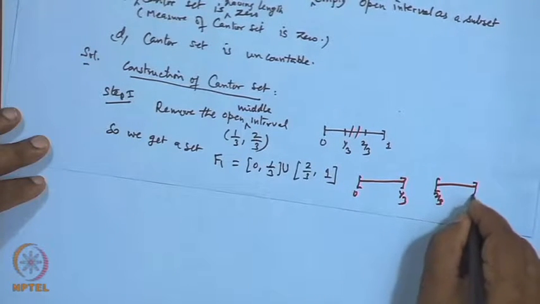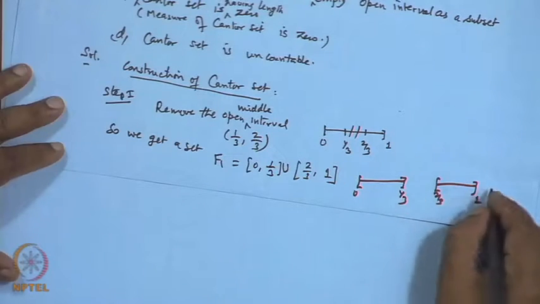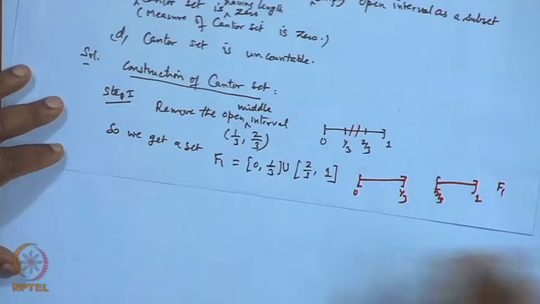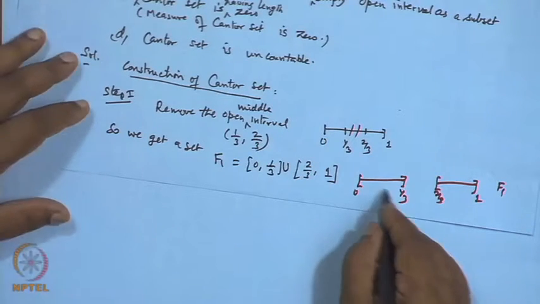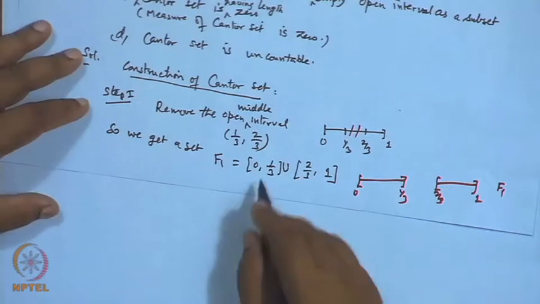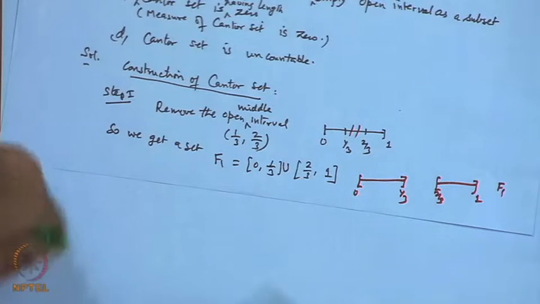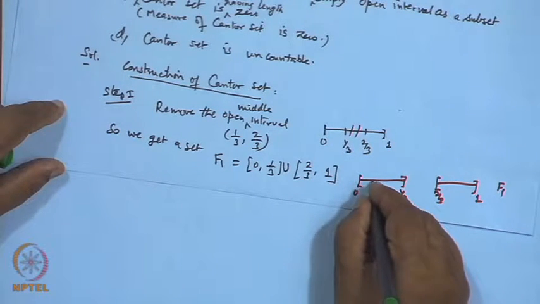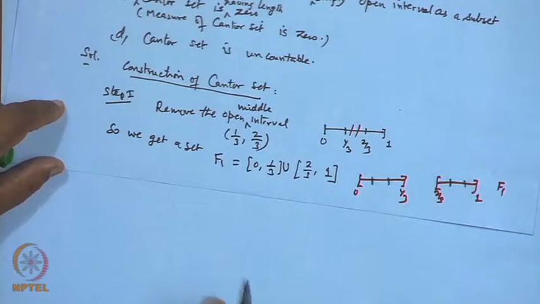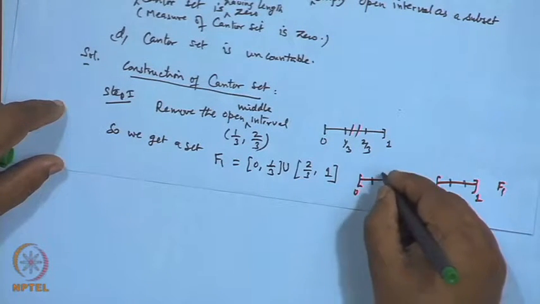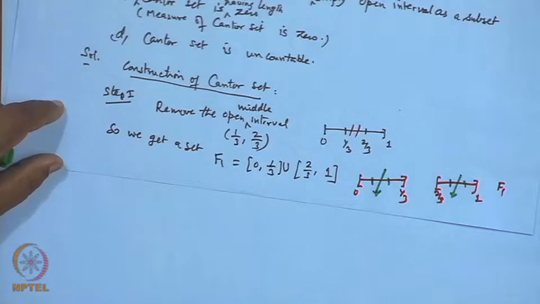Now we again subdivide each of these intervals into 3 parts and drop the middle open portions.